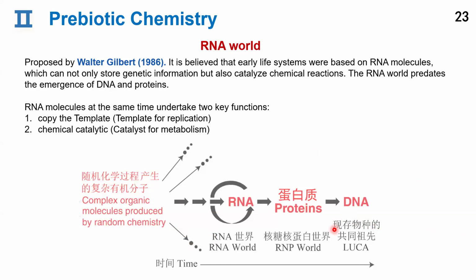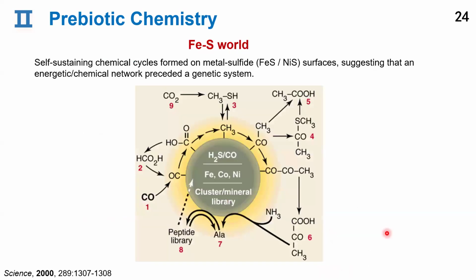This dual capability means that RNA could have driven both heredity and metabolism in early life systems. Over time, as complexity increased, proteins took over most catalytic functions, and DNA became the main genetic material. But the RNA world represents that crucial intermediate stage connecting chemistry to biology.